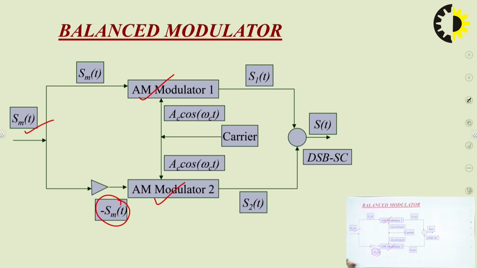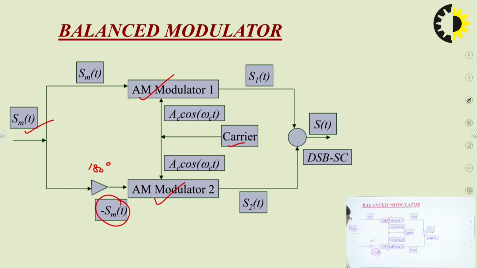So it is a 180 degree phase shift. The second input to these modulators is the carrier signal, and the carrier given to the two modulators is in the same phase.